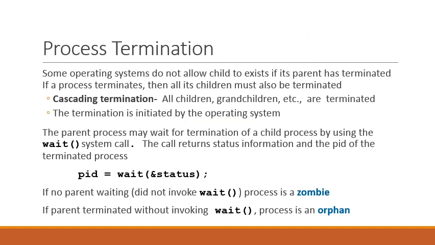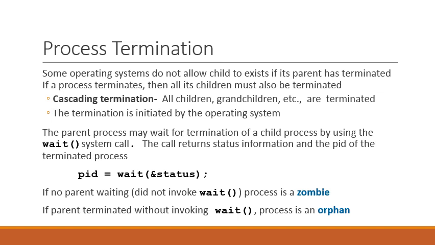Some operating systems do not allow a child to exist if its parent has terminated. So if the parent process has terminated, the operating system will terminate its children as well. Cascading termination.